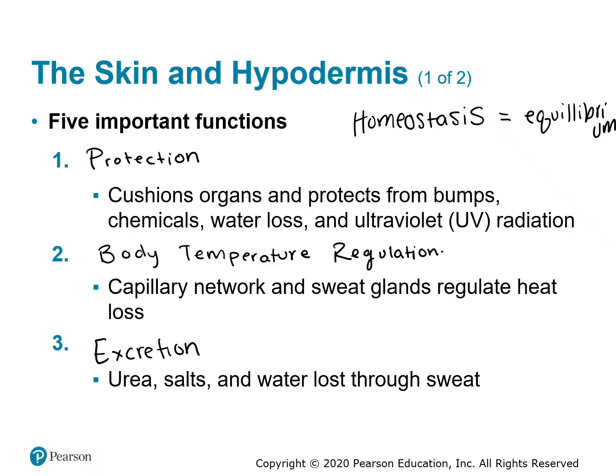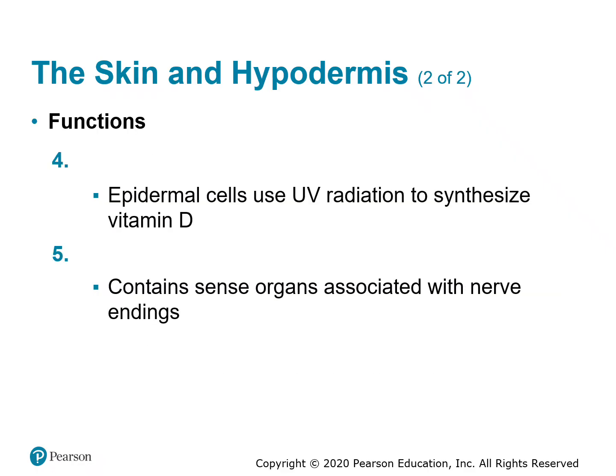Everywhere else on your body will get rid of urea, which is a nitrogenous waste, salt, and water. There is another way that we get rid of urea, and that is through urinating, okay? Going potty, okay? Next function of the skin is the production of vitamin D.